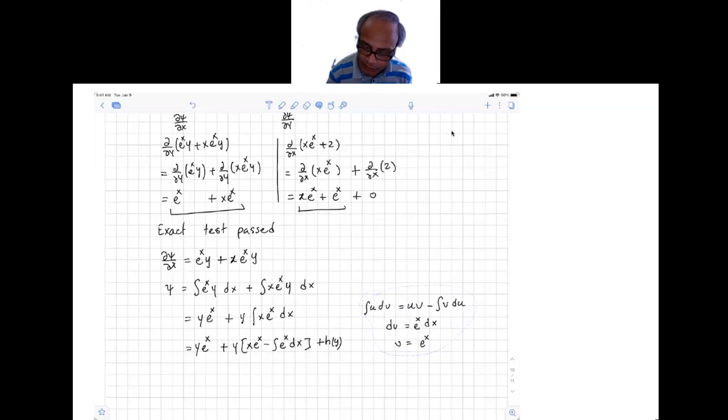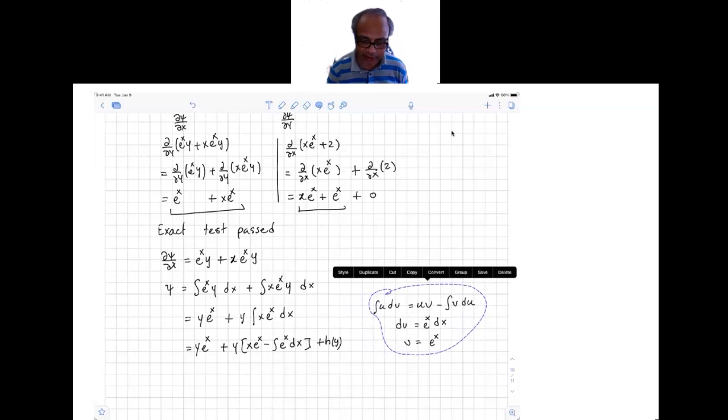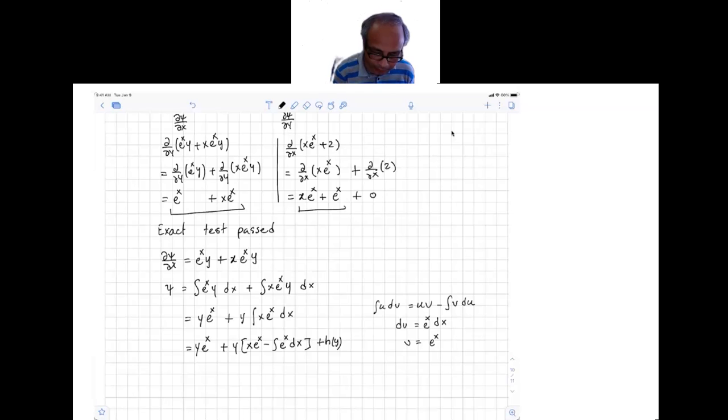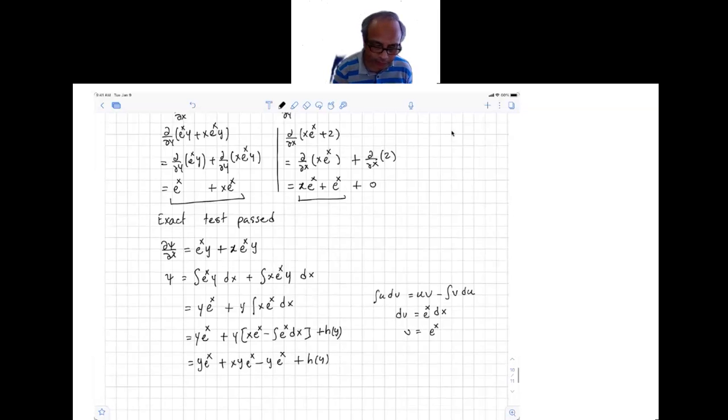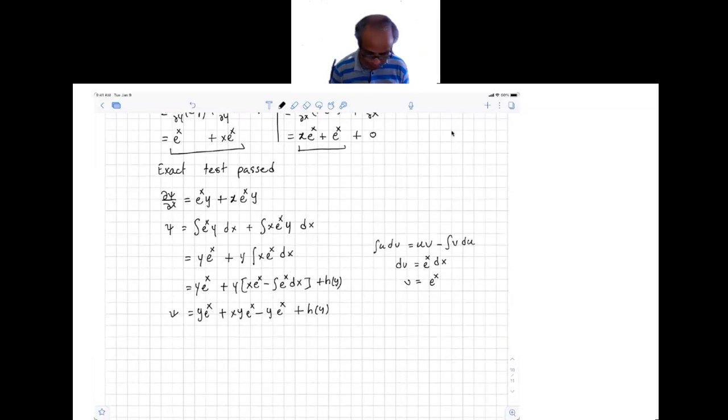So I'm going to denote a new function h that has to be determined. So you evaluate it, y times x e to the x minus y e to the x plus h of y. So which is my psi.